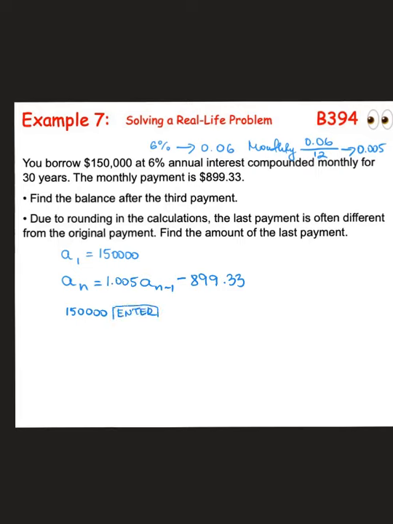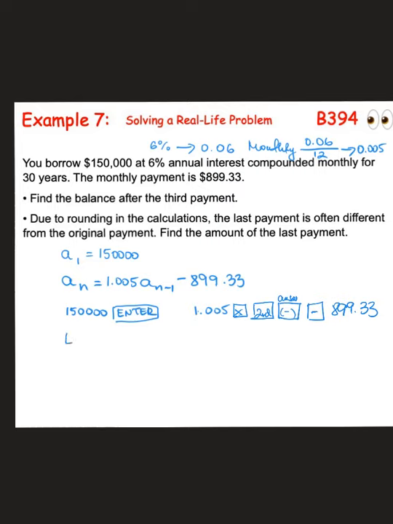After we press the enter button, then we are going to say 1.005, then times, which is the multiplication button, and then second, and the negative symbol, which stands for the answer, and then subtract, and then press the number 899.33.